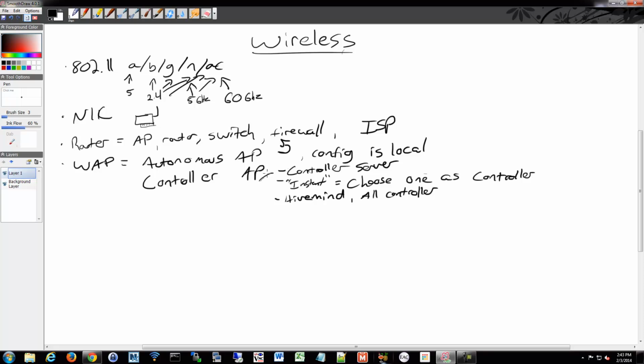The original type is essentially this controller server model. Cisco purchased a company called Meraki, which actually offers a fourth option, really, which is a cloud-based controller, which is still a controller, but it's not physical to your location.